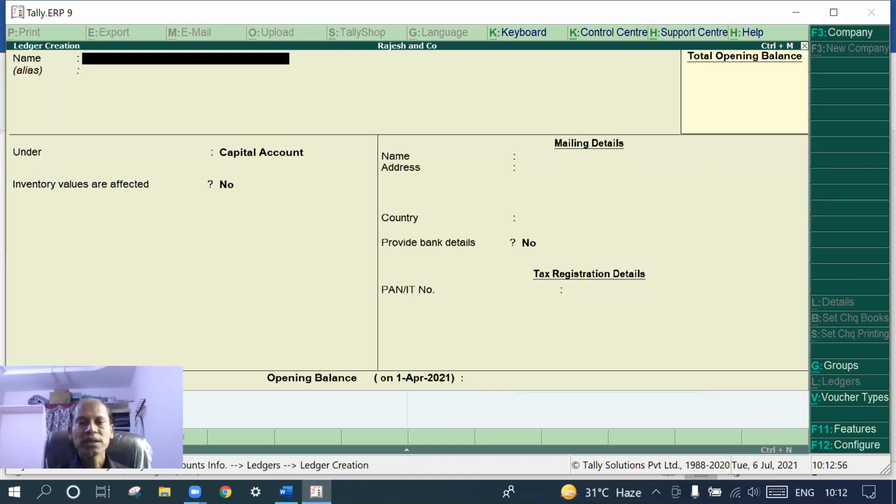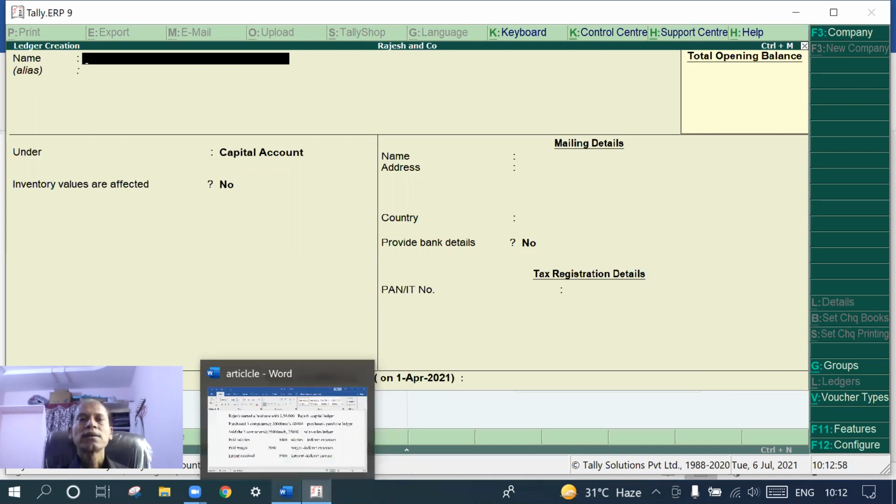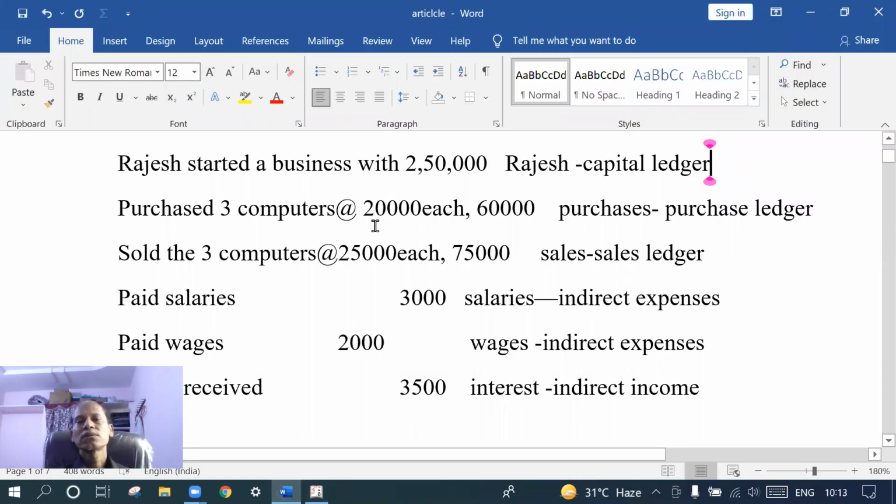The next ledger is purchases, 3 computers at 20,000 each. We are just creating the ledgers, not entering the amounts. So purchases.